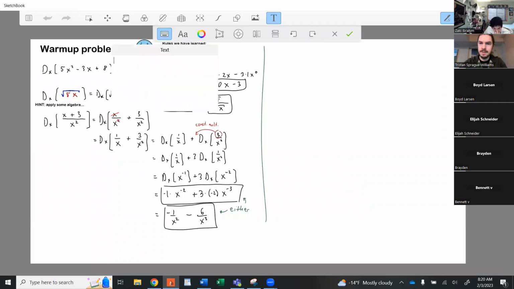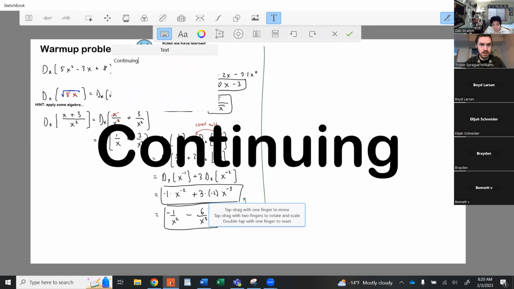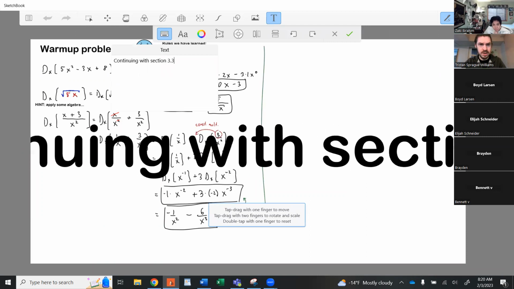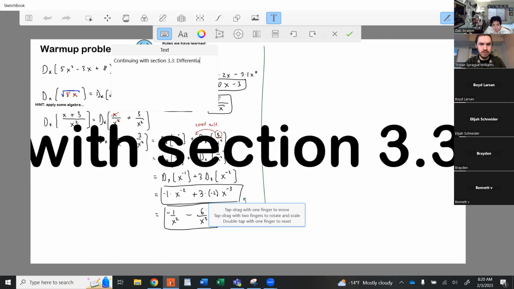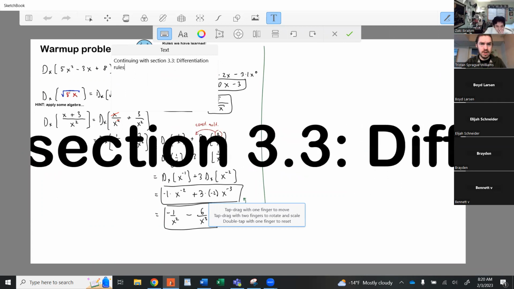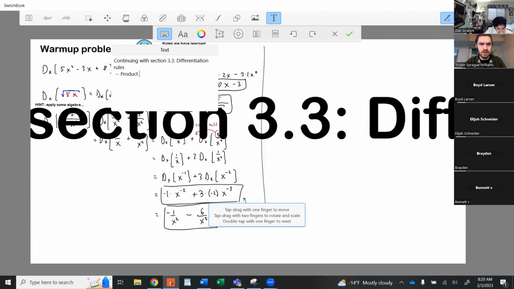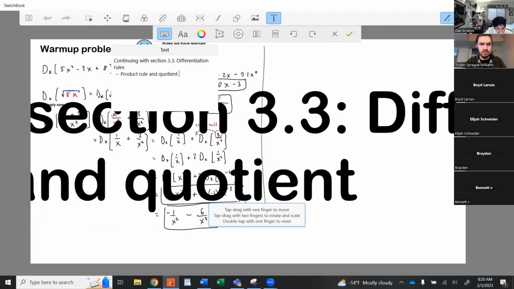So what we're doing today, continuing with section 3.3, which is differentiation rules. Today we're going to do the product rule and the quotient rule.